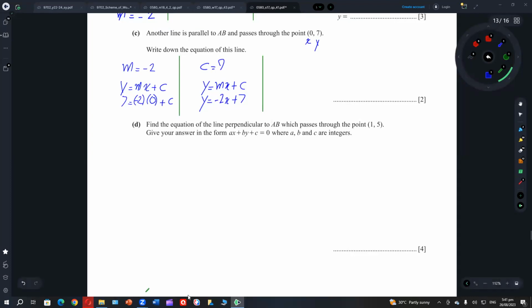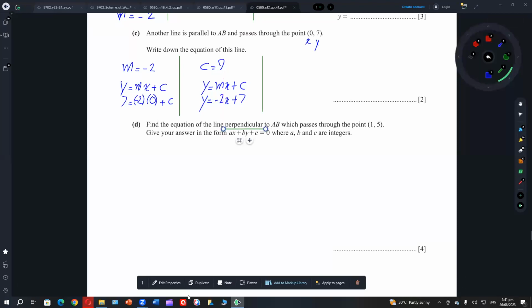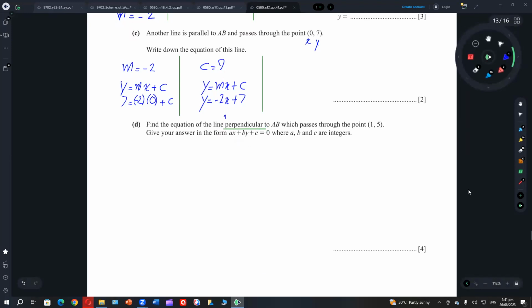Find the equation of the line perpendicular to AB. This concept comes very commonly here. Perpendicular means it should be the reciprocal and with a change in sign. So m prime is minus 1 upon m, which passes through the point 1, 5. So first I find the gradient.